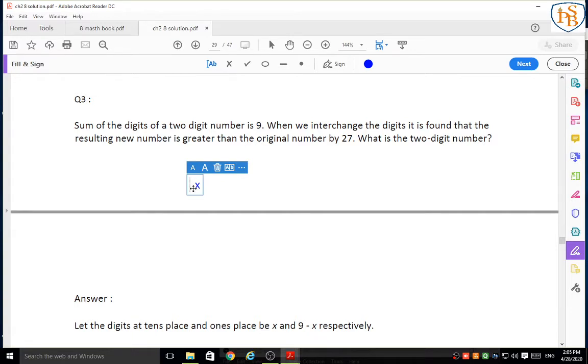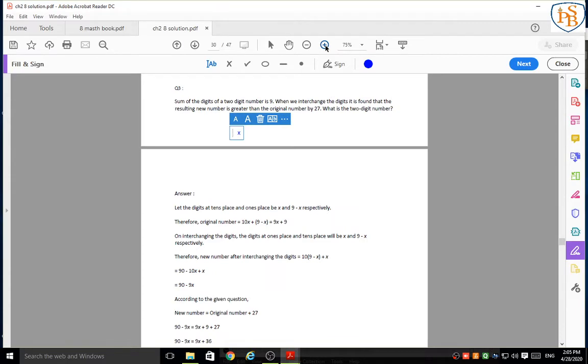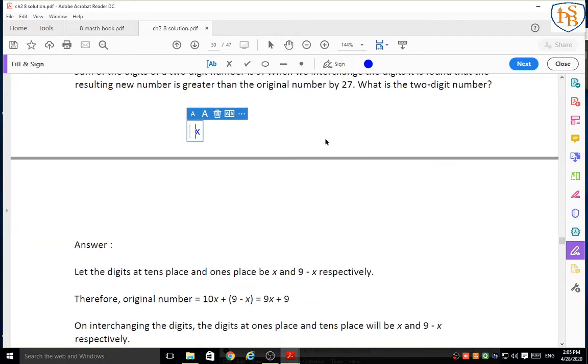So let the digits at the tens place and ones place be x and 9 minus x respectively.